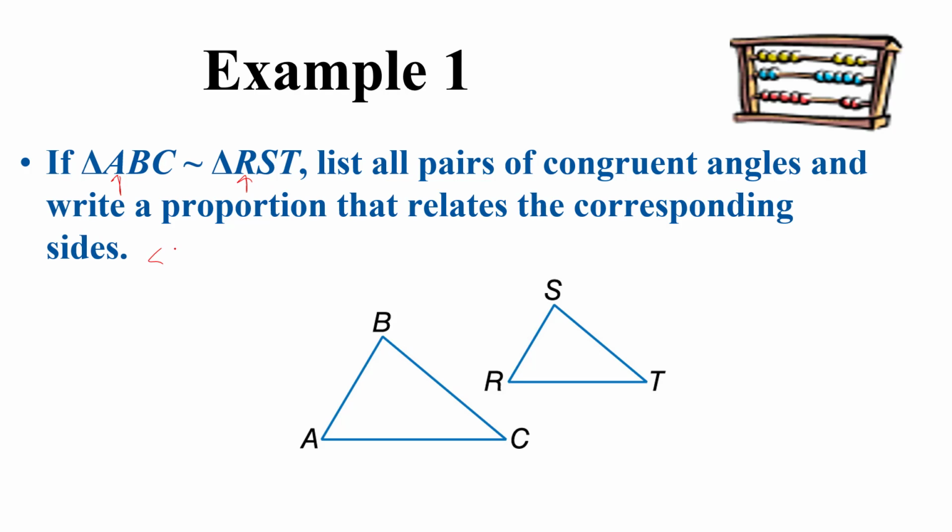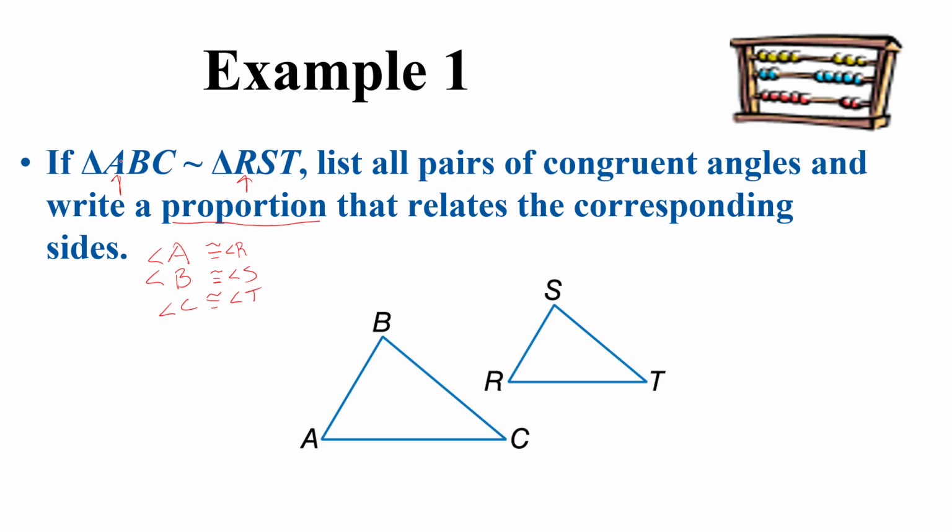So we would say angle A is congruent with angle R. We could say that angle B is congruent with angle S. And we could say that angle C is congruent with angle T. That is the only part of these shapes that is congruent, is the angles. The sides are proportional to one another.